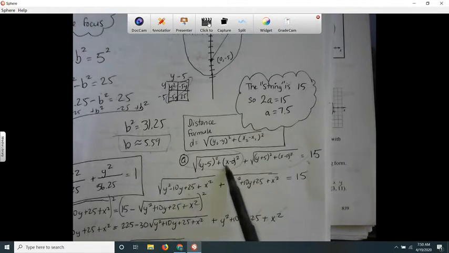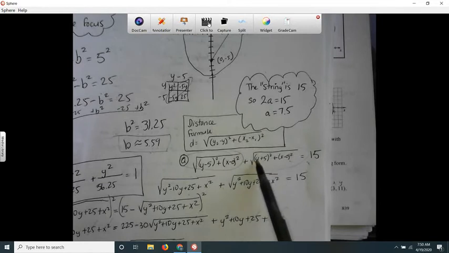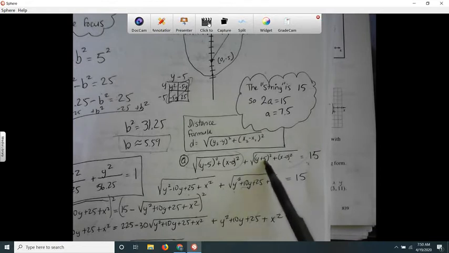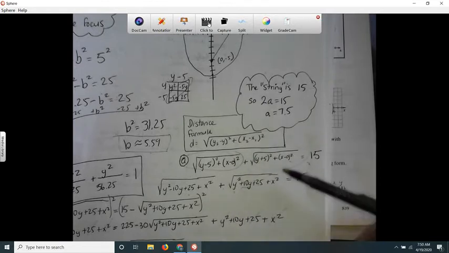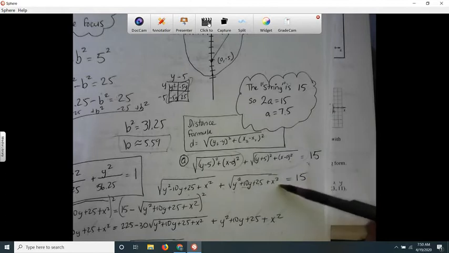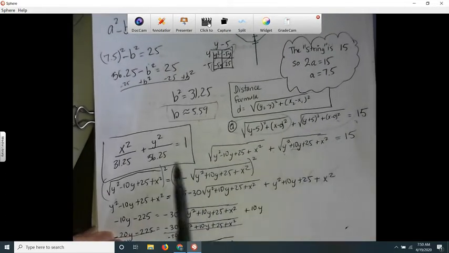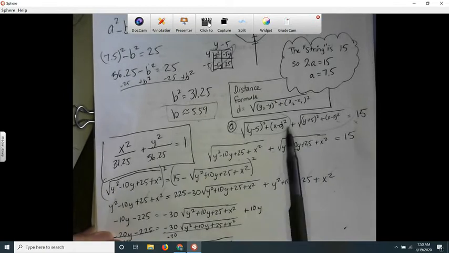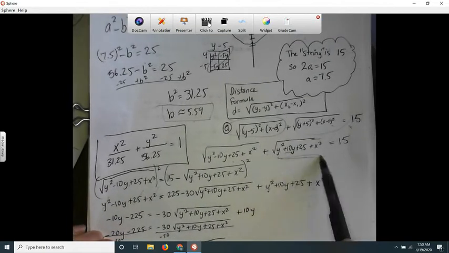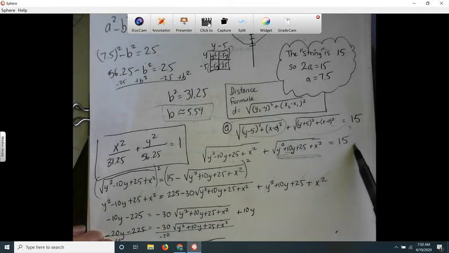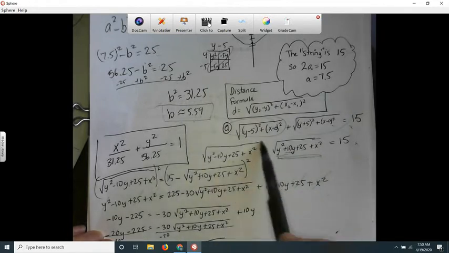Okay, and then this one is just x squared plus, so you take the first thing and square it, and then the first thing times the second thing times 2, and then the last thing squared, and this is just x minus 0 squared. So hopefully that makes sense. Then I moved on down to here. I moved this second one over to the right hand side so that I could get this by itself and square it.